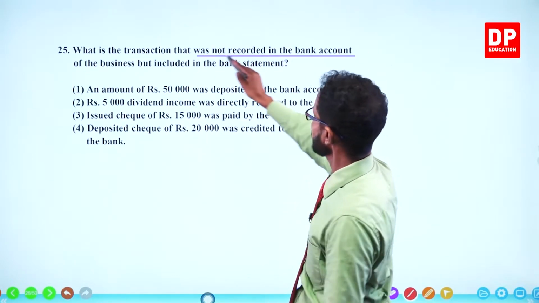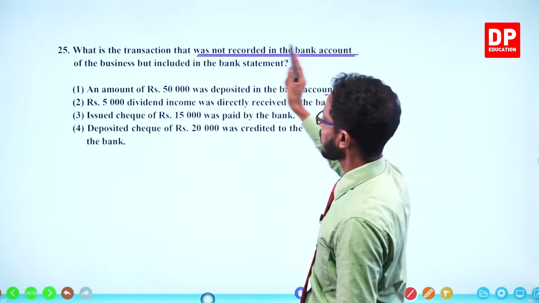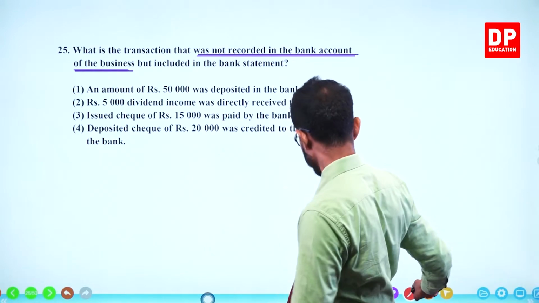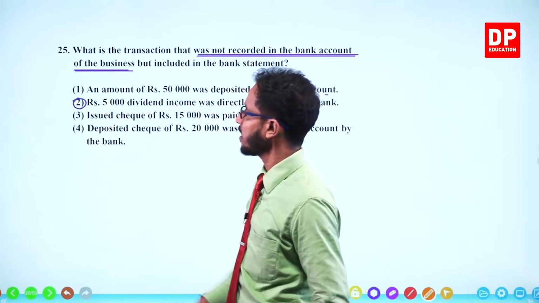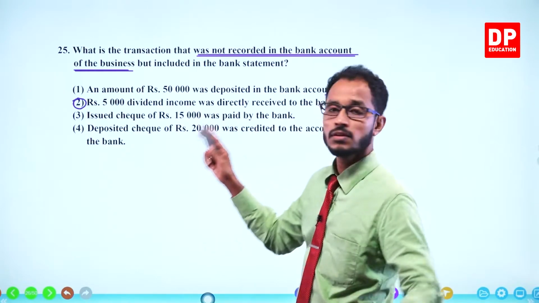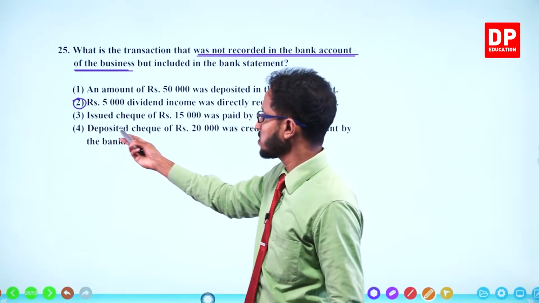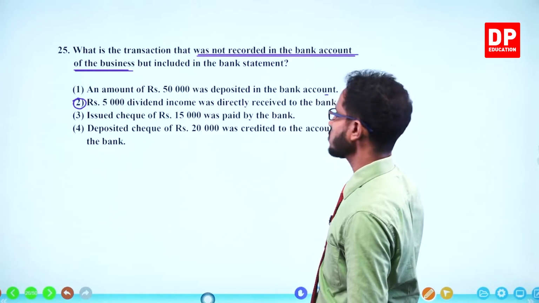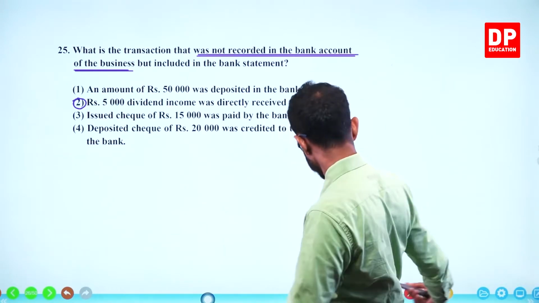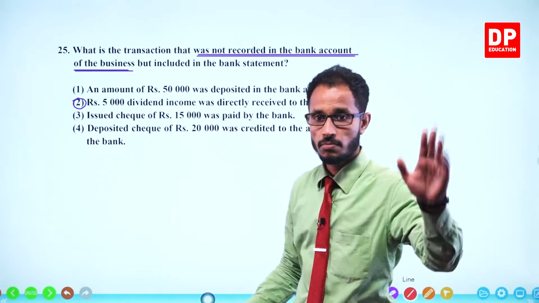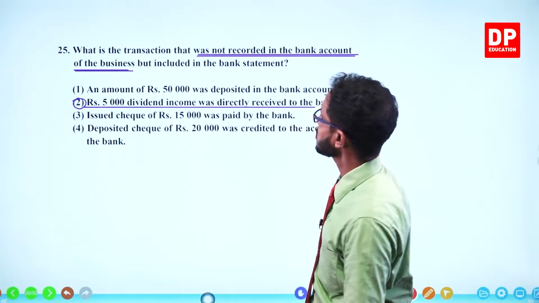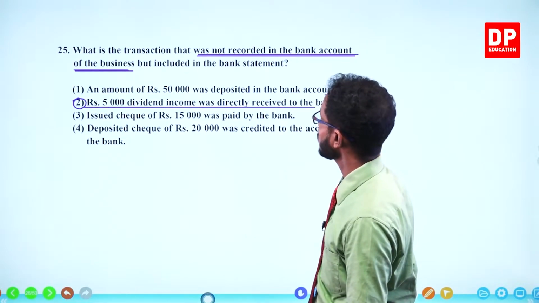Issued check of 15,000 was paid by the bank. We record it in our bank book. Deposited check 20,000 was credited to the account. When we deposit, we record it in the bank book.